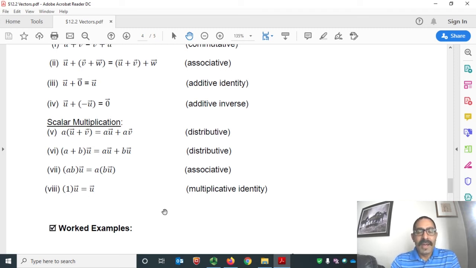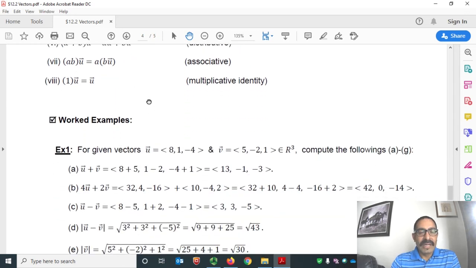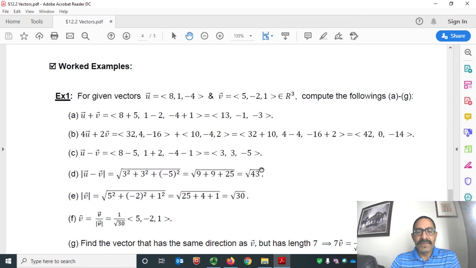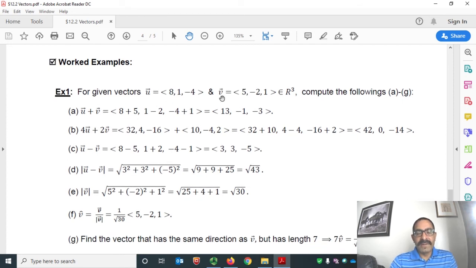Awesome. Now I hope this theory, these definitions, make sense to you all. Now let's do some examples. Worked examples: for given vectors u and v in space, compute the following. Now a bunch of sub-questions. Part A, find their sum.